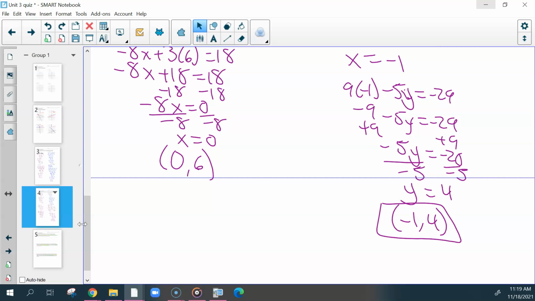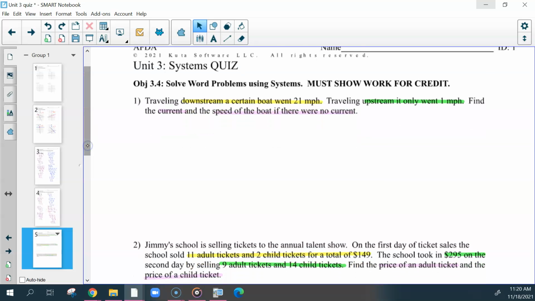So as I mentioned before, I'm going to set up each one, the variables and equations. We're going to solve one of them, and then I'm going to show you the answer to the others. For this one, traveling downstream at a certain point with 21, step one, we have to find the current and the speed of the boat.